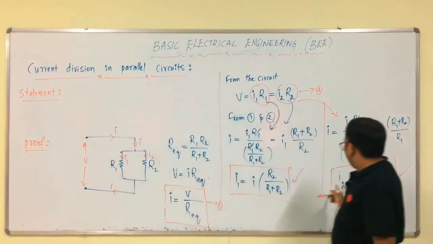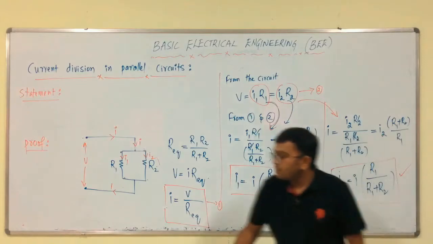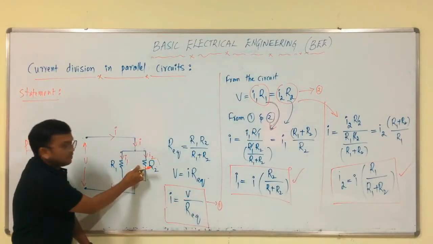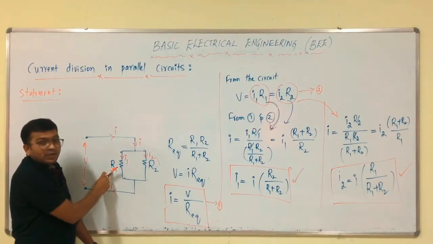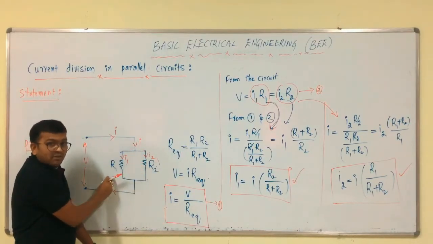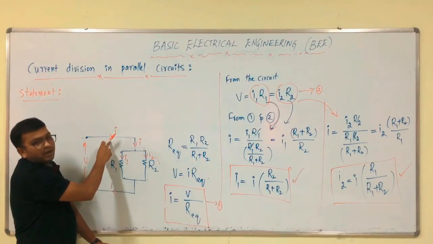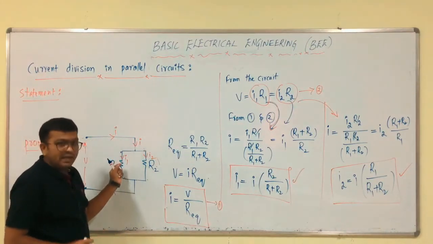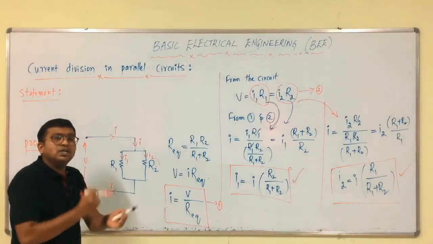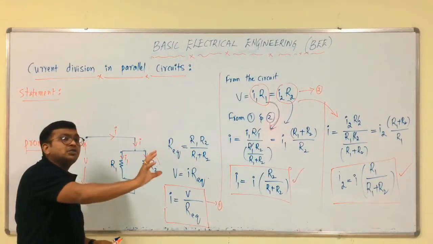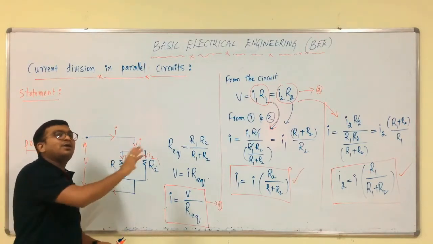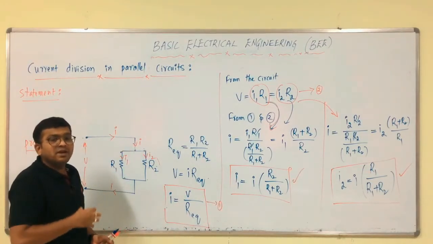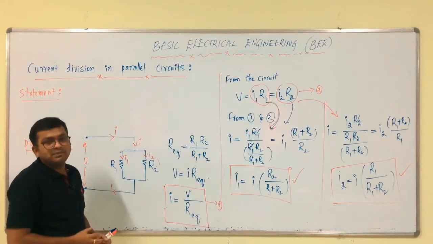Like this, I2 should be equal to the ratio of R1 to the total resistance, R1 by R1 plus R2 into total current. The current in any branch is equal to the ratio of the opposite branch resistance to the total resistance, multiplied by total current. This is the statement of the current division principle.